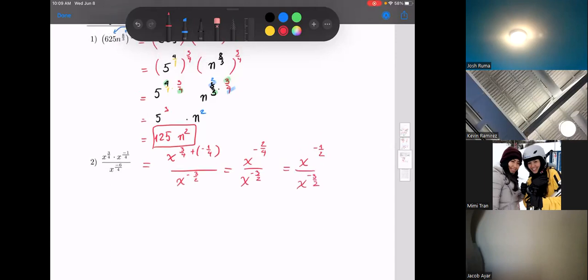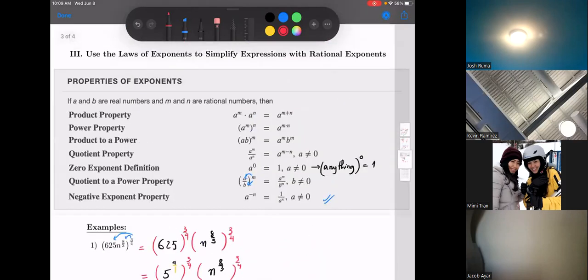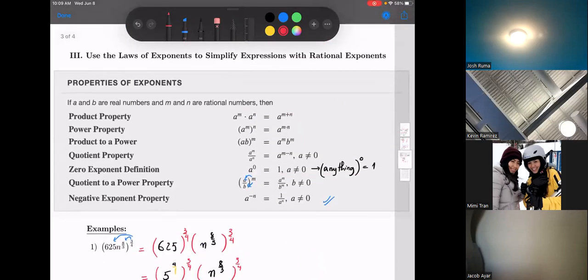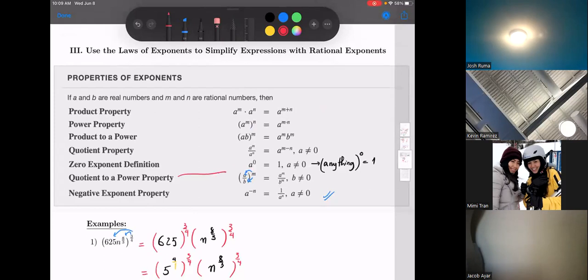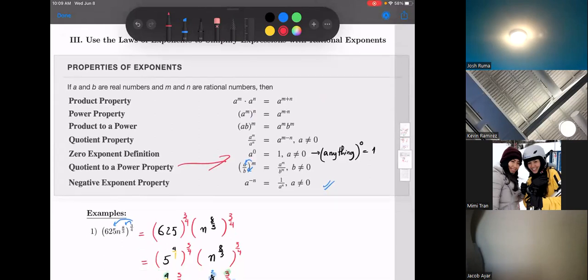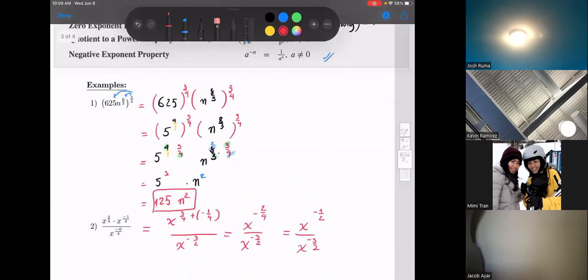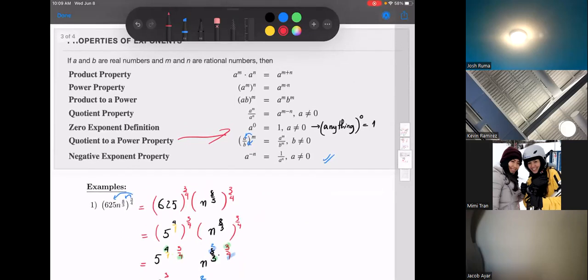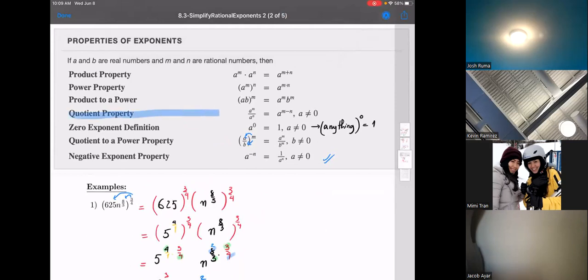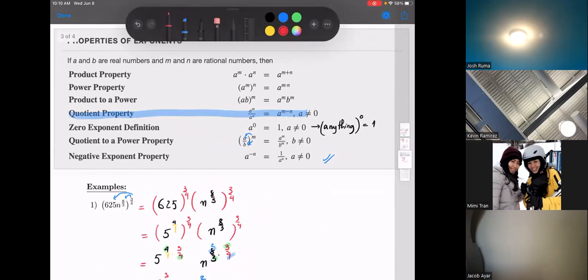All right, now I'm going to look up on my table. I'm using the quotient to the power property next. Actually, no, I'm going to use the quotient property, my bad. I'm going to use this one right here. I'm going to take the top exponent and subtract the bottom exponent.